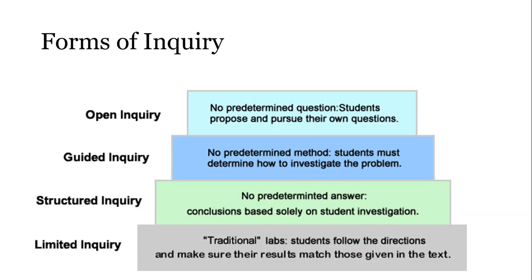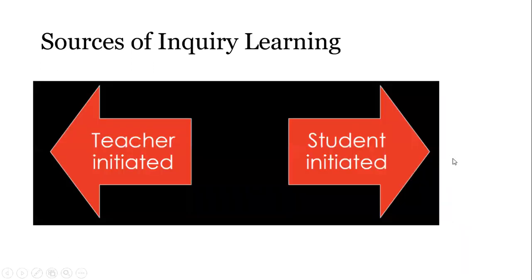Then we have the limited inquiry. This is typically what we find in traditional labs. For example, when you do things like litmus tests and so on, you already know where the answer is coming from. You know what the answer is going to be, but it is simply for the student to see it being done. So these are the different types of inquiry.